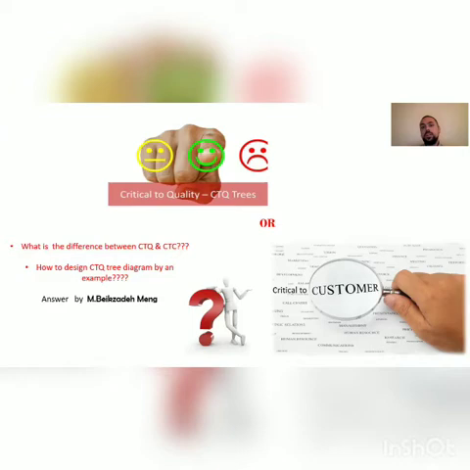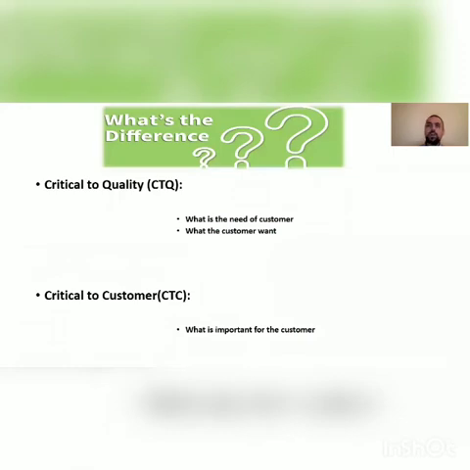Today, first we consider this issue, the difference between CTQ and CTC. And after that, I want to show you guys how we can draw a CTQ diagram by a practical example. So, firstly, what's the definition of the CTQ and what's the definition of CTC?